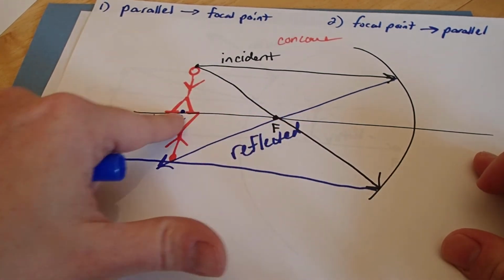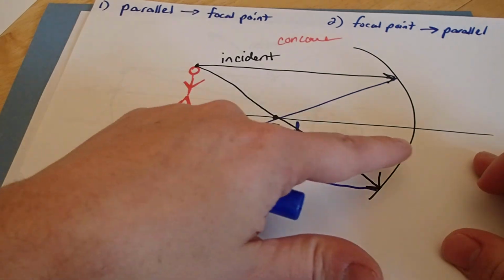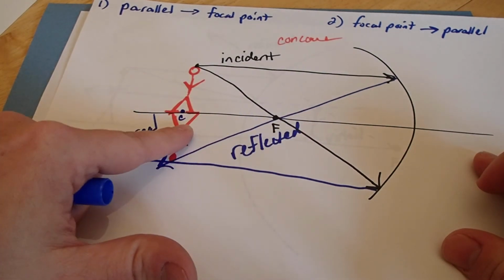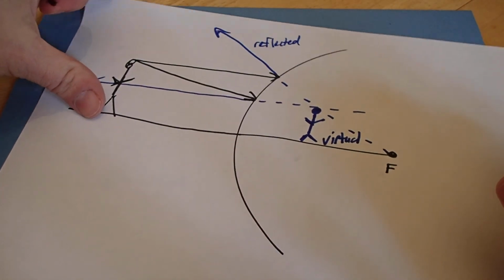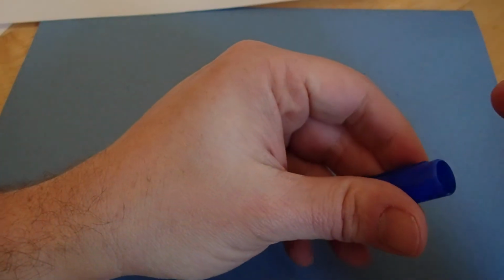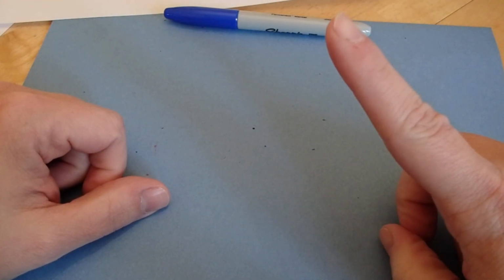If you looked in the PowerPoint and saw, you know, the different points, the principal axis, right? The focal point, and the center of curvature, which is 2f. All right, that's mirrors, okay? We'll get into lenses in the next video.